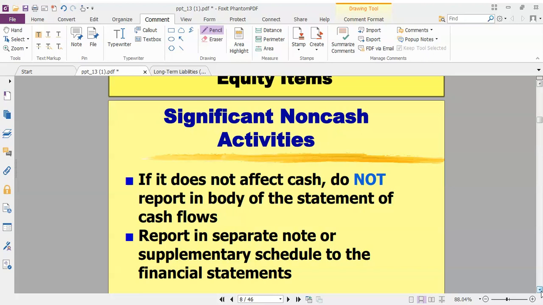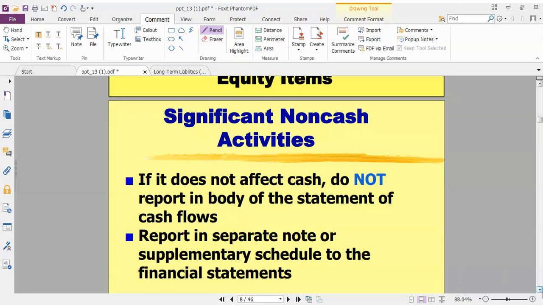Let's look at the significant non-cash activities. If it does not affect cash, do not report it in the body of the statement of cash flows. That's why I told you that in the cash flow statement we only include cash activities, not non-cash activities.